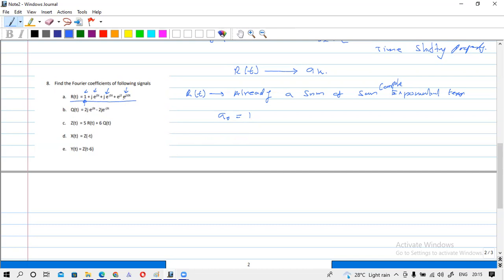For this question, you have to be given omega naught, otherwise we can't find the k value. We need the fundamental frequency omega naught. Here we can assume that the lowest omega of these components is omega naught.